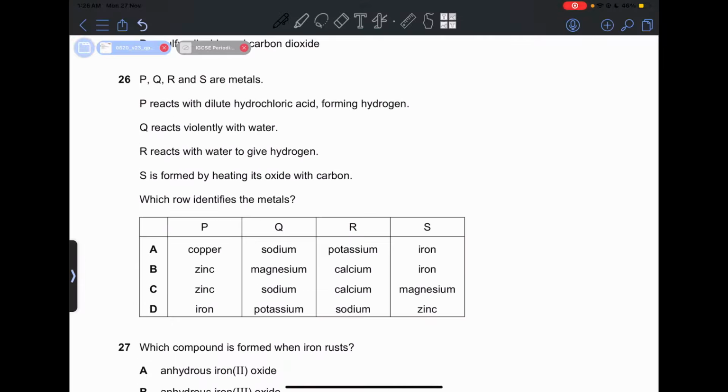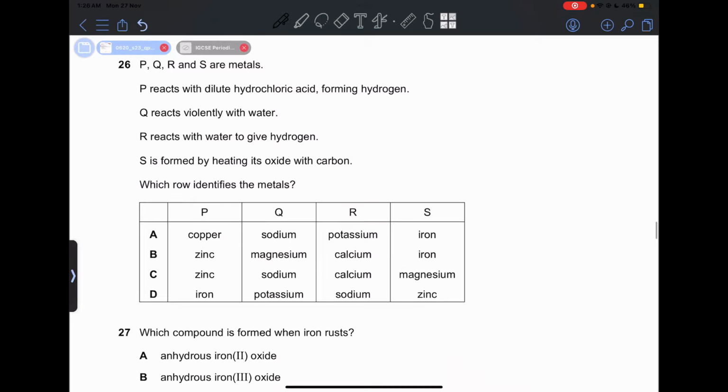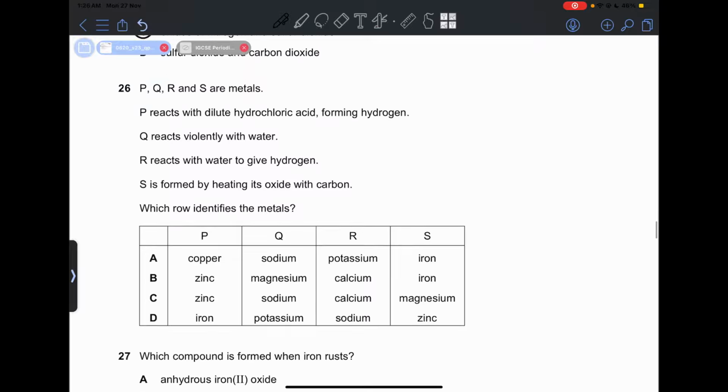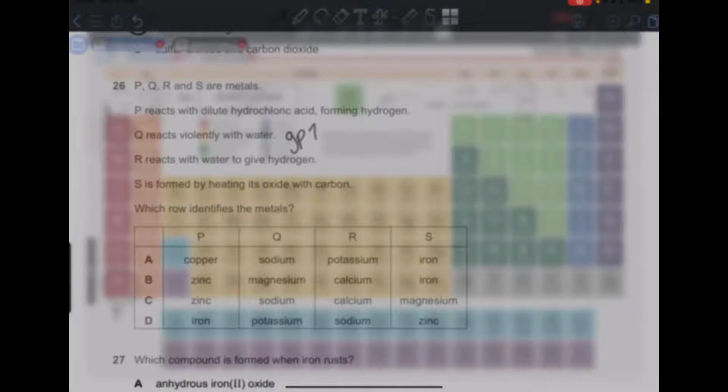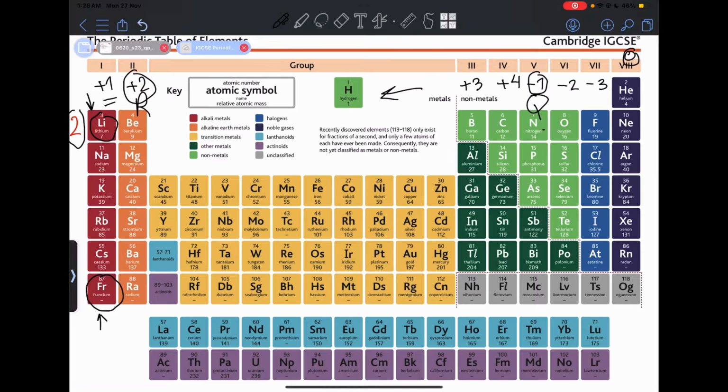26. P, Q, R, and S are metals. P reacts with dilute hydrochloric acid, forming hydrogen. Q reacts violently with water. R reacts with water to give hydrogen. S is formed by heating its oxide with carbon. Which row identifies the metals? So actually, something that reacts violently with water is going to be something in group 1, something like potassium, rubidium, lithium and sodium.